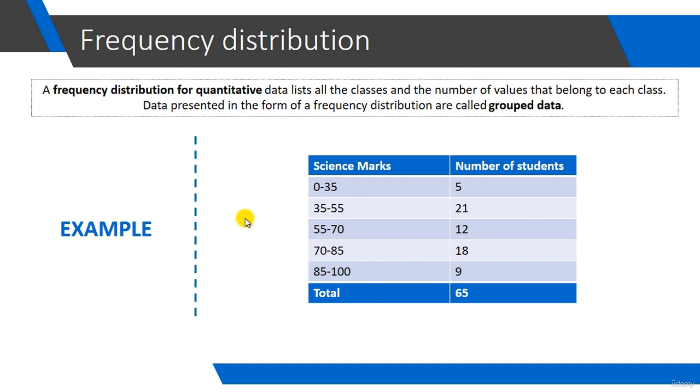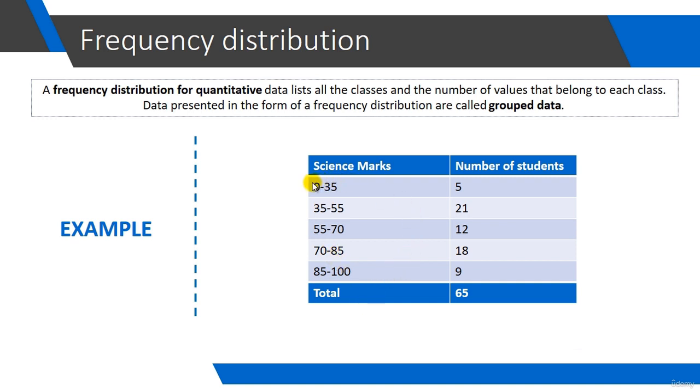So when we have continuous data, we try to create ranges, small ranges, and within each range we assign the frequency of number of instances belonging to that category. So for example, instead of creating 0, 1, 2, 3 as categories, we have created 0 to 35 as one category, 35 to 55 as another, 55 to 70 as another, and so on.